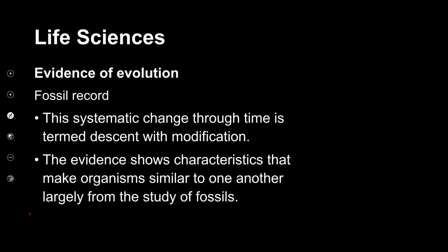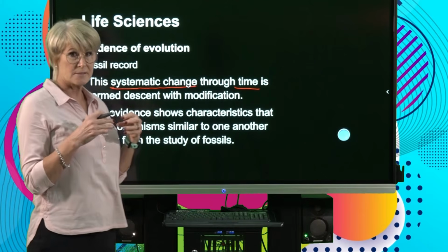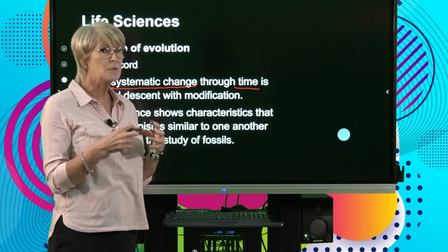All right, so the fossil record shows a systematic change. As I said on the previous slide, where I showed you the different layers of fossils, it's a systematic change that has taken place through time. It didn't just happen. It can take up to 10,000 years before something starts to become fossilized.